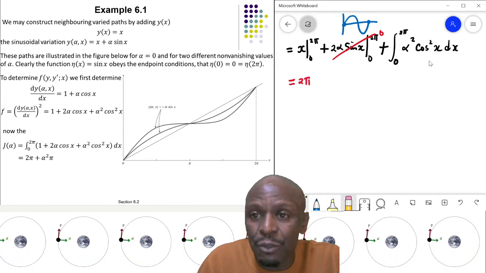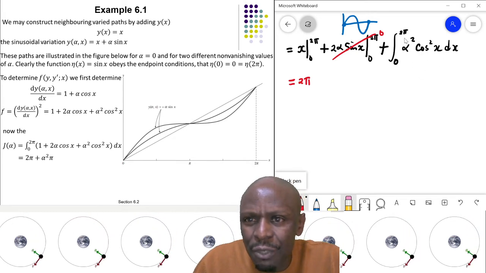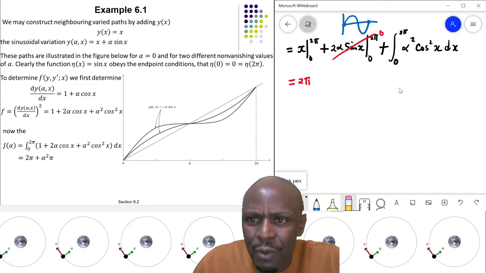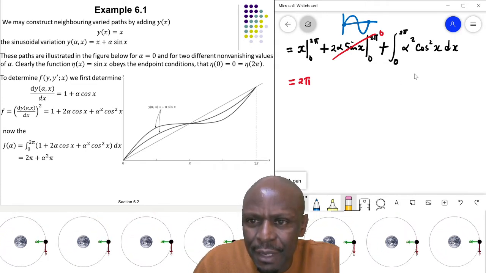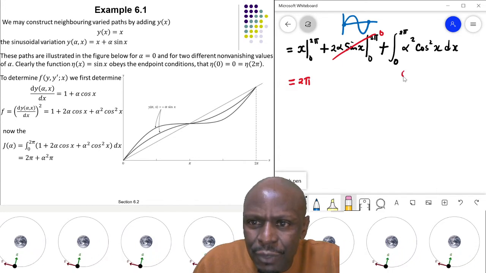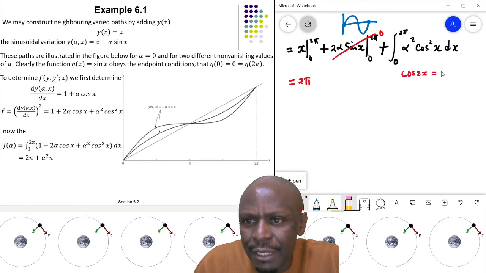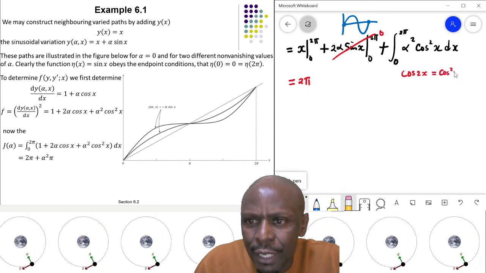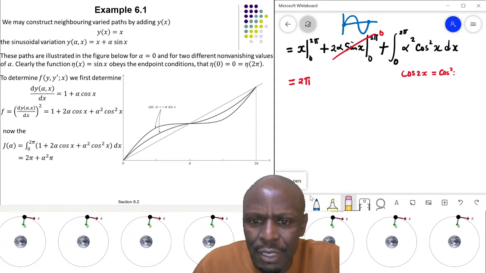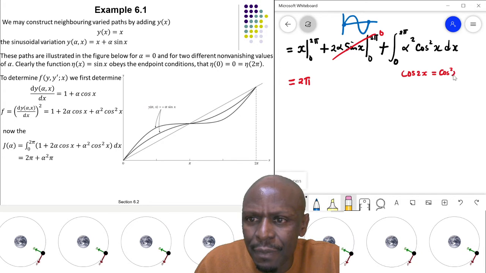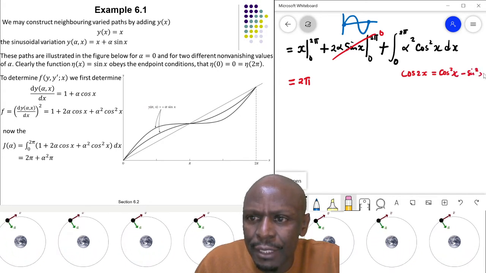Right, now we have to do the integration of this term. To integrate cos squared x, I want us to use the following identities that I think you still remember: cos of 2x is equal to cos squared x minus, it must be minus, not plus, sine squared x.